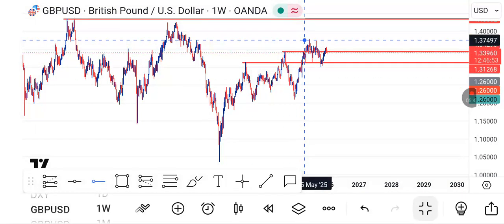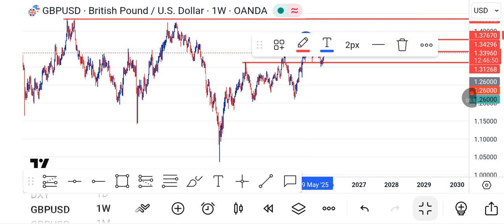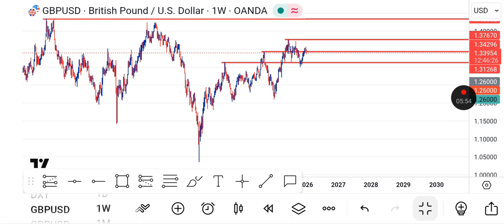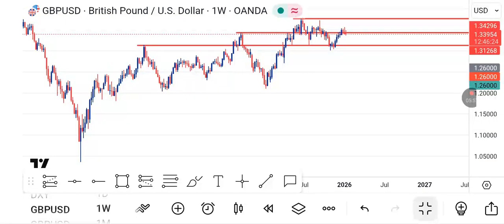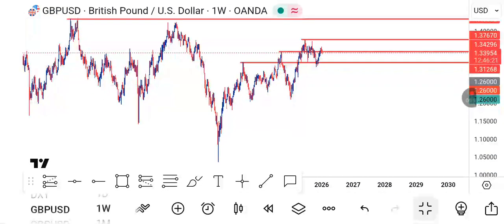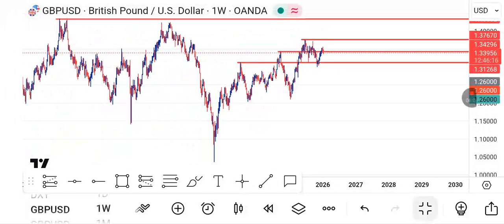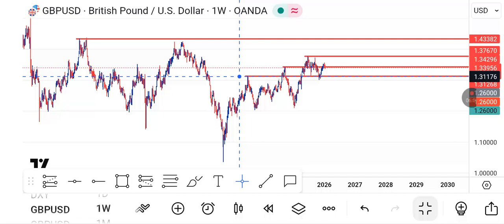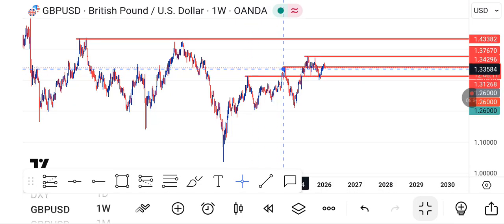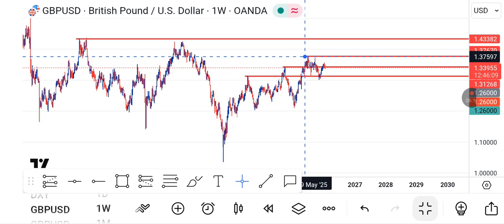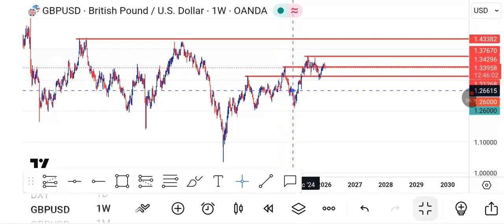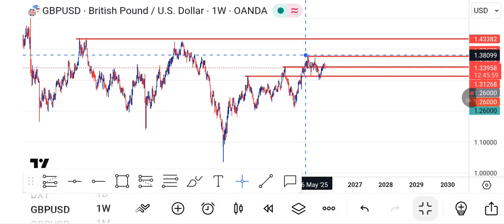So I can decide to mark it. Okay, good. So now here is where there is previous resistance, and this is the resistance, the peak at which pounds USD went, in the current direction.